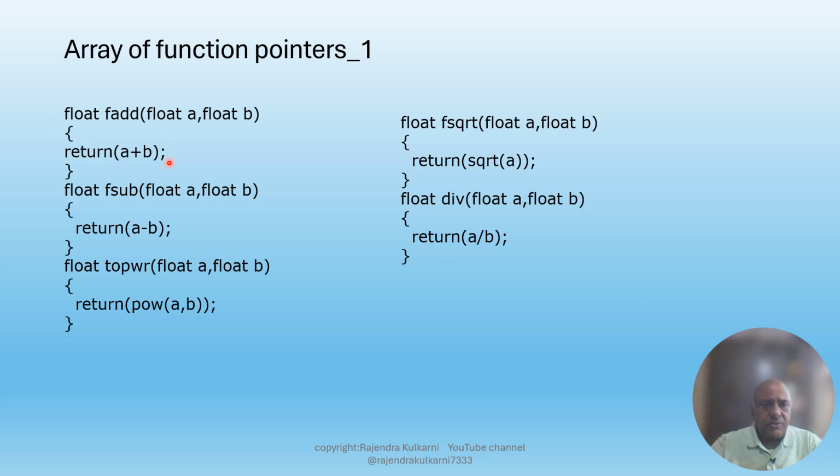The fadd function adds, the fsub function subtracts a minus b, the 2 power function returns a raised to b, which is 2 raised to 3 in this case, then square root, then division. So these are the function definitions, the addresses of which are assigned to the elements of the function array. So this is how a function pointer works, and how an array of function pointers works.